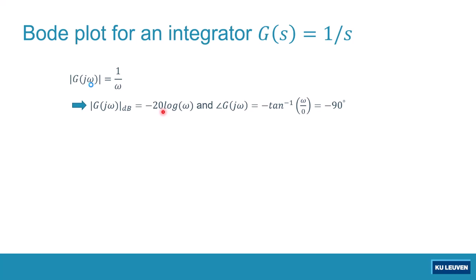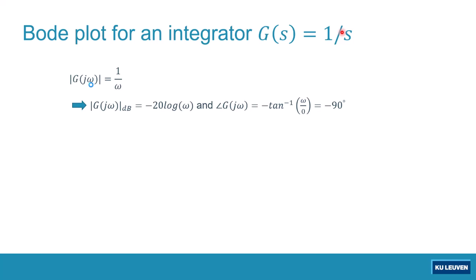What about the angle? The phase? The angle of G(j omega) is the angle of 1 over j omega. If I replace the s here with j omega, the angle will be equal to the angle of the numerator, where I have a numerator equal to 1. 1 is a constant. The angle of a constant, a real number, is equal to 0, minus the angle of the denominator. The denominator now is equal to j omega.